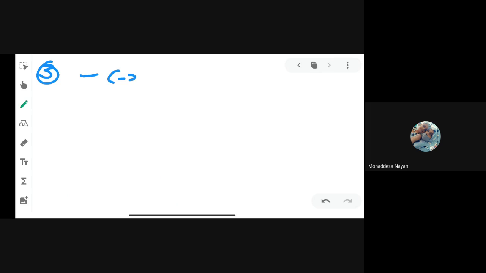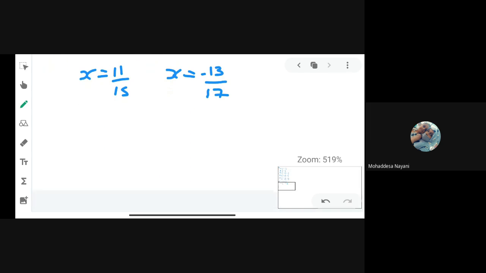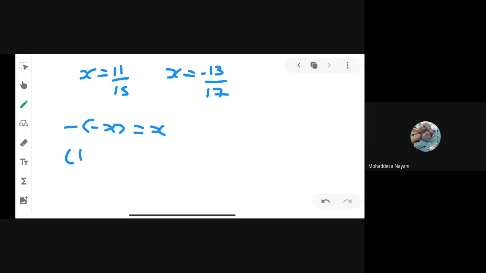Now we have to verify it, right? So we are taking left hand side as minus minus x and right hand side as only x. Yes or no?